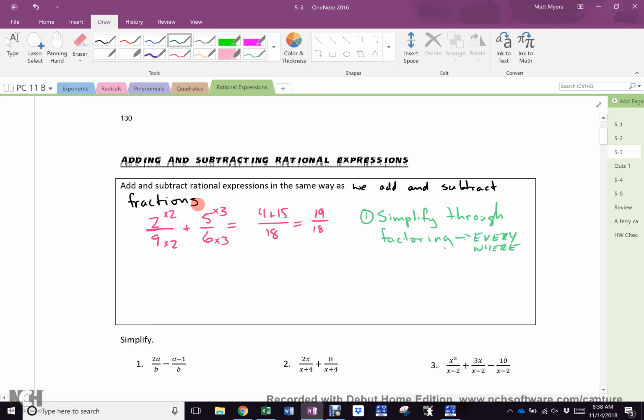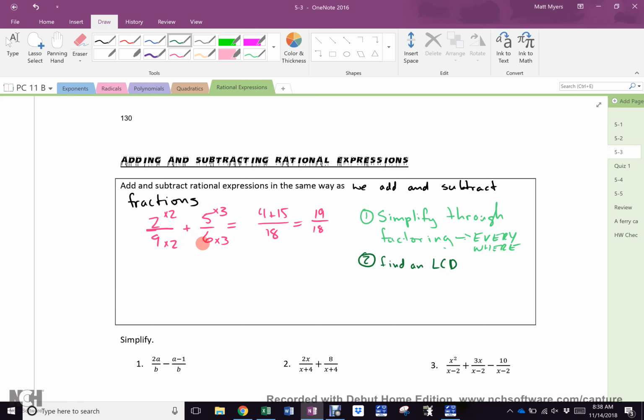Right? So, the next step was find an LCD, lowest common denominator, right? Now, what's the easiest way to find the lowest common denominator between 9 and 6? Just multiply them together, yeah?